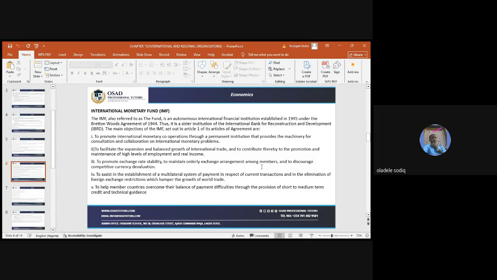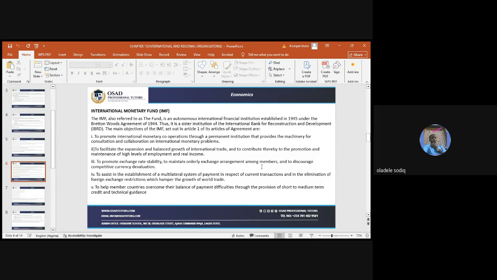So then we also have the next one. We have the International Monetary Fund, IMF. So the International Monetary Fund is also referred to as what? The fund is an autonomous international financial institution established in 1945.